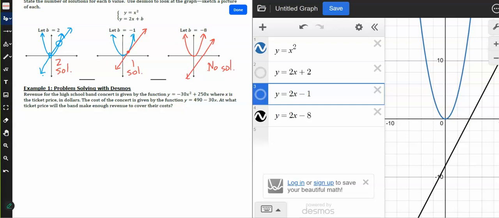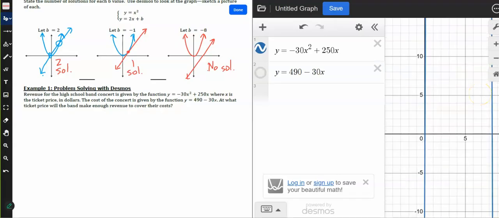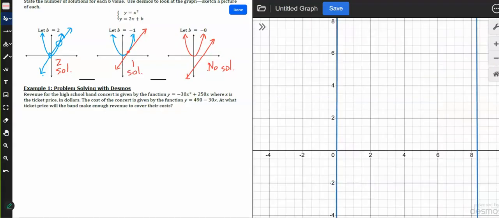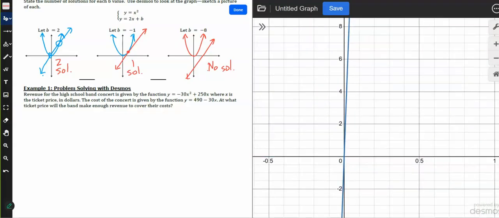Revenue for the high school band concert is given by this function. All right. So let's try to get this set up. I'll get the graphing set up on Desmos. All right. So as you can see, my picture looks a little wonky. And I've taught you how to do things like, I might have to actually shrink this up. I have taught you how to grab one axis and stretch this out.